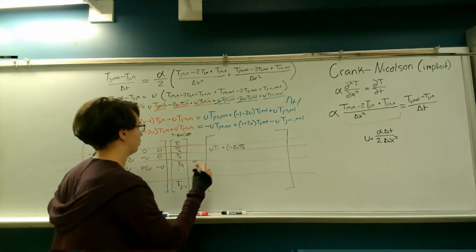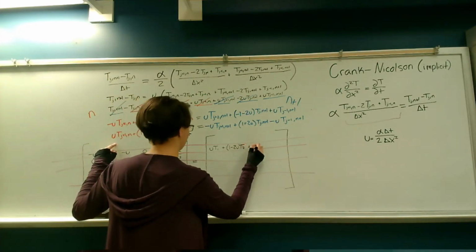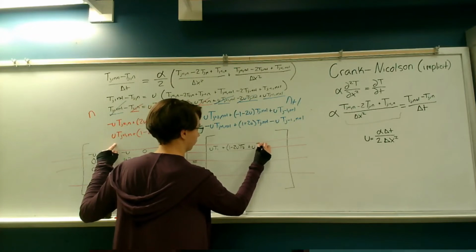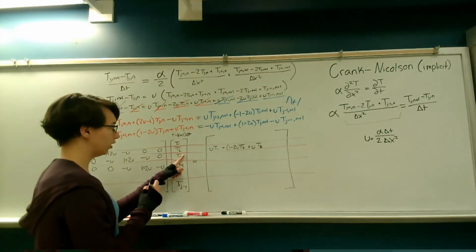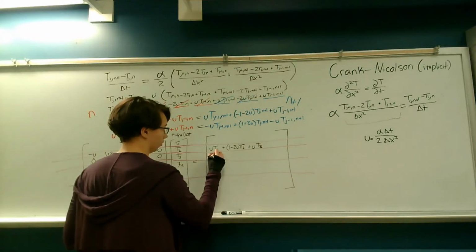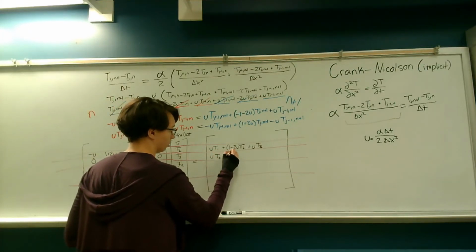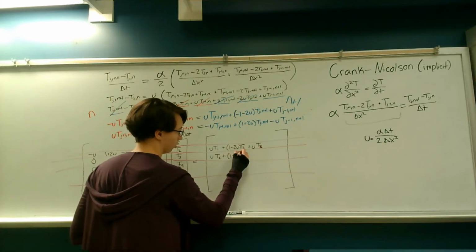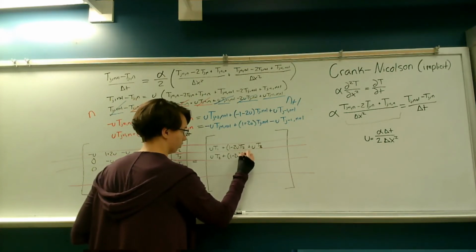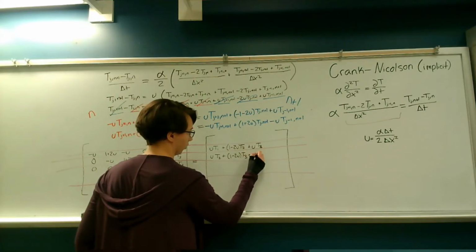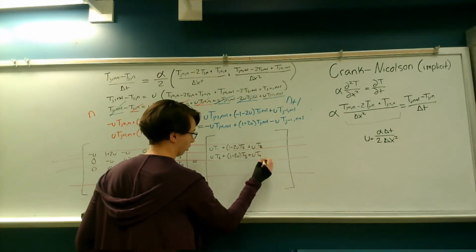and then u at T3. And then we can continue doing that for T3, so this will be u at T2 plus 1 minus 2u at T3 plus u at T4.